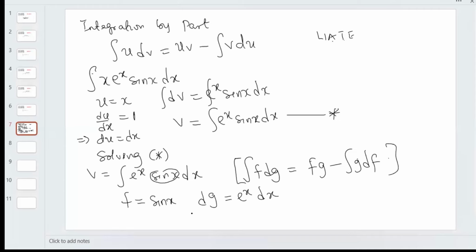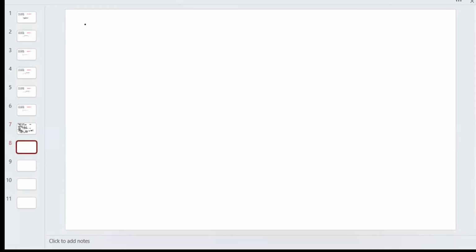All right, so here we can go ahead and say df/dx will be equal to cos x, because if I differentiate sin x, I'm going to get cos x. This tells us that df will be equal to cos x dx.